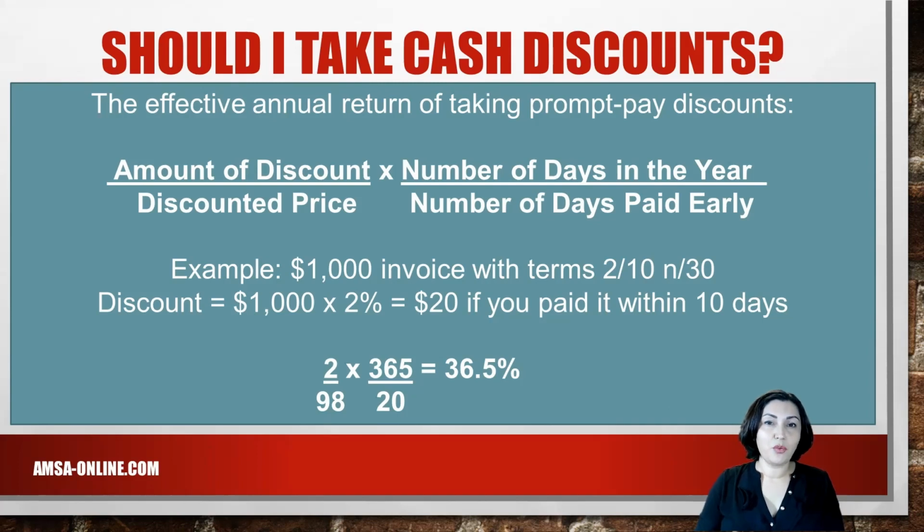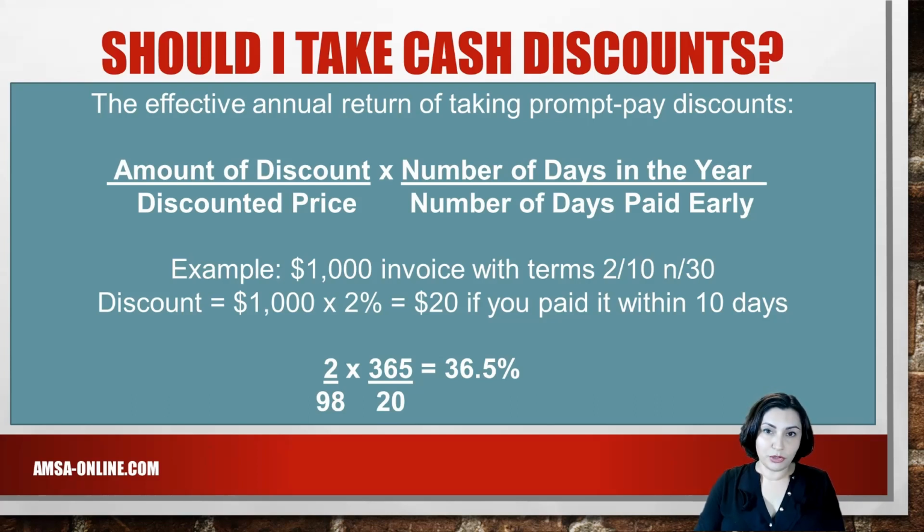Let's say you have a $1,000 invoice. You would receive a $20 discount if you paid it within 10 days. The annualized percentage is calculated as follows: 2 divided by 98 and multiplied by 365 over 20 equals 0.365 or 36.5%.